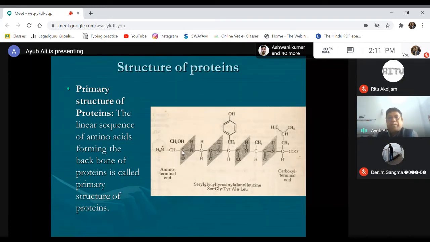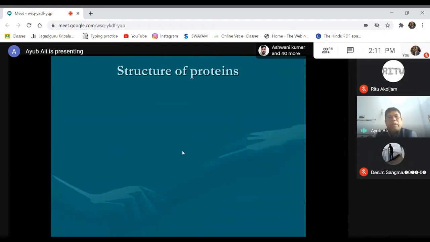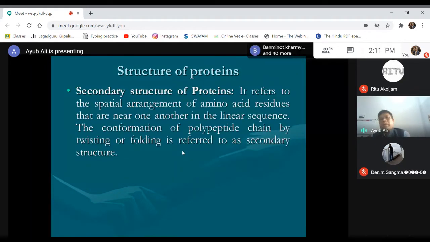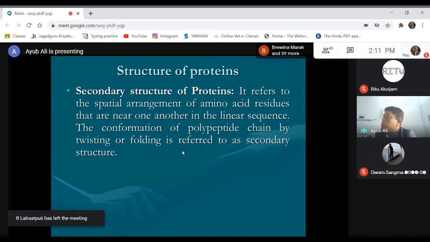Next is the secondary structure. The secondary structure of the proteins refers to the spatial arrangement of the amino acid residues that are near one another in the linear sequence. That means how the different amino acids which are near to each other in the linear sequence are arranged in space.